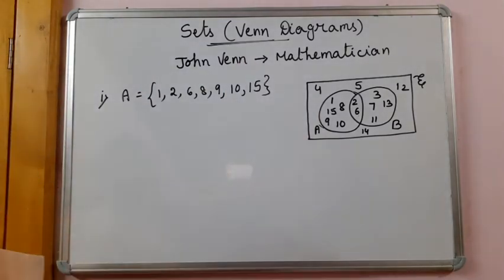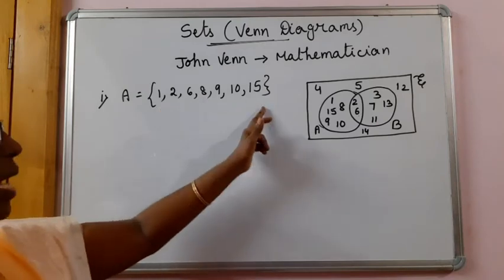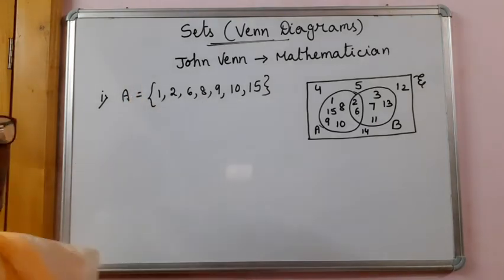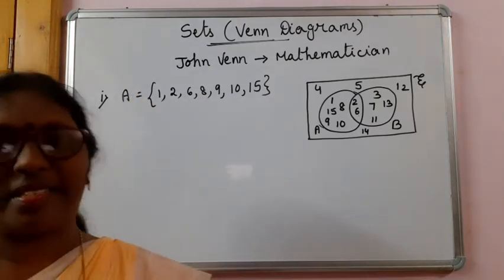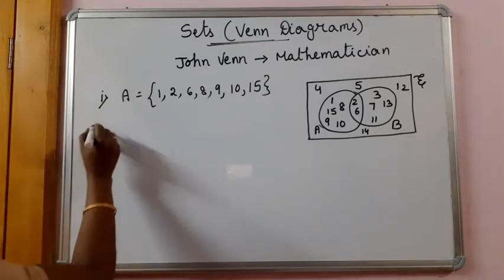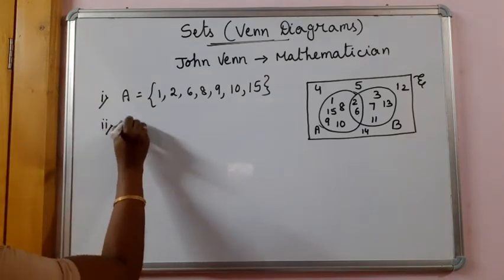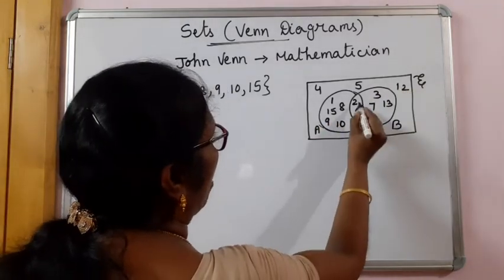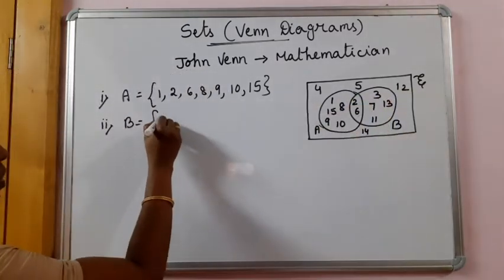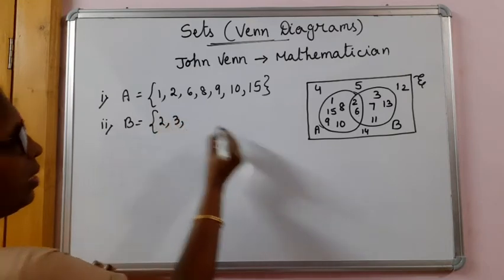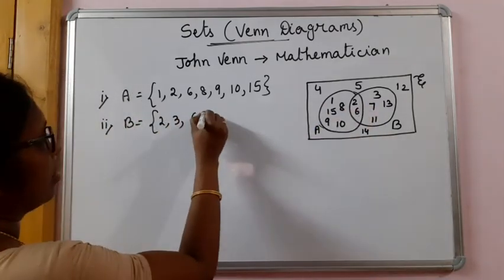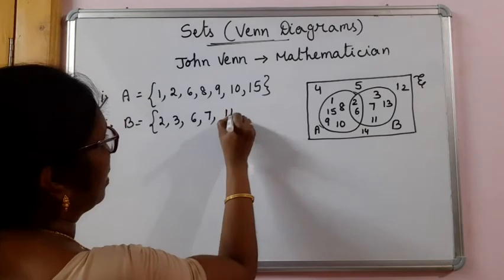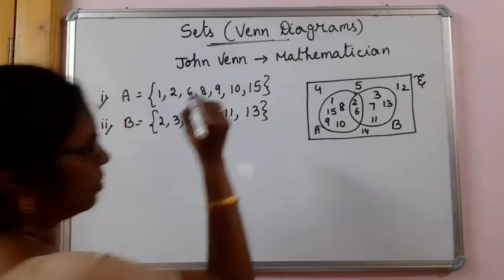And we know that in a set, the elements are enclosed by curly brackets. Now let us write set B. In set B, we have 2, 3, 6, 7, 11, 13.